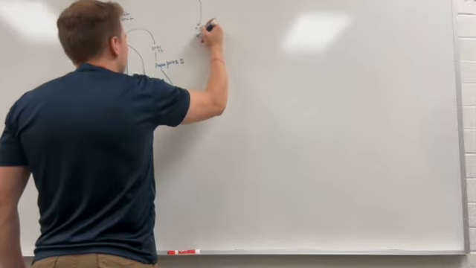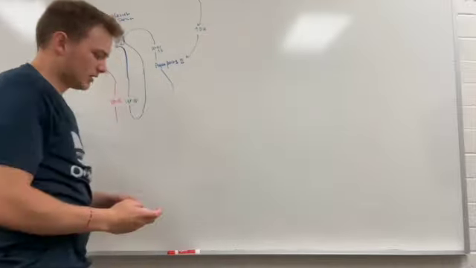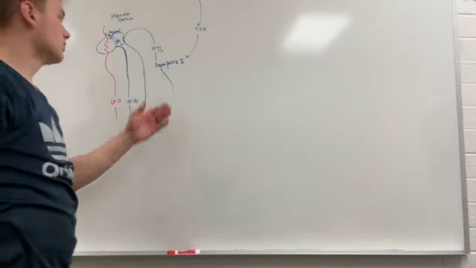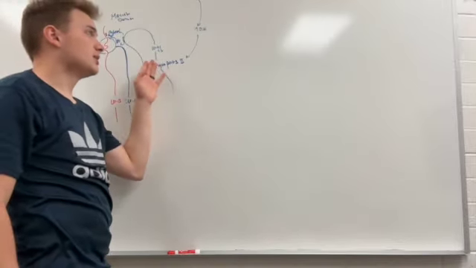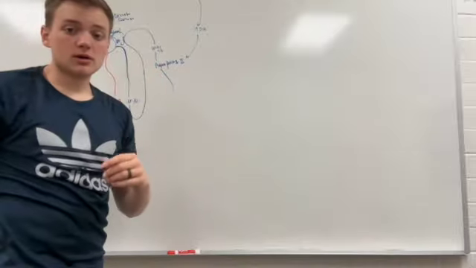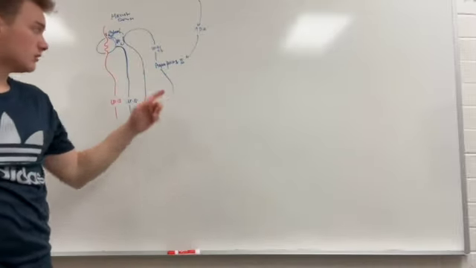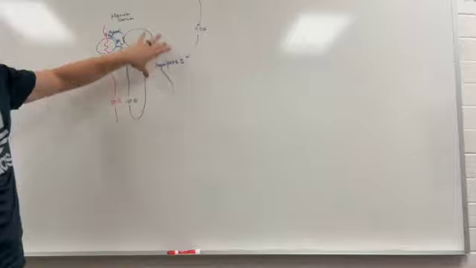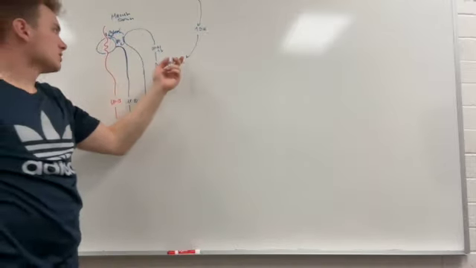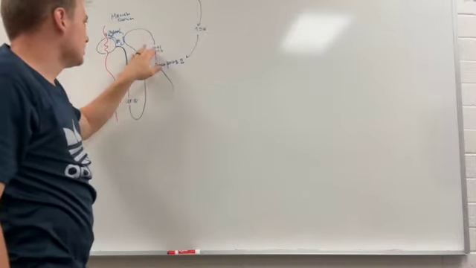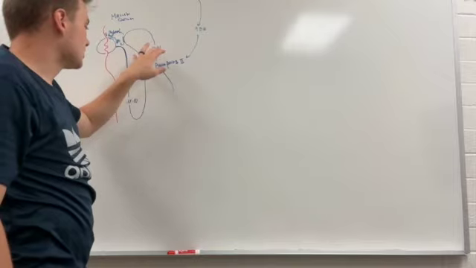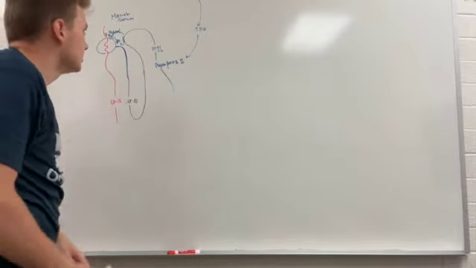It comes and acts on principal cells to open up aquaporin channels. Aquaporin increases the permeability of water in the collecting tubule right here. This is also facilitated by urea transporters, but we'll get to those in a second.